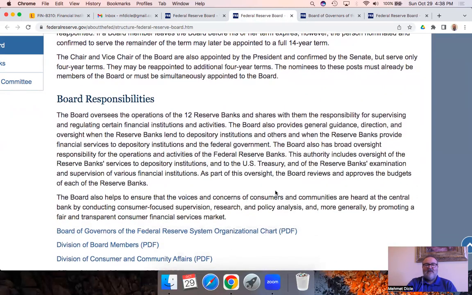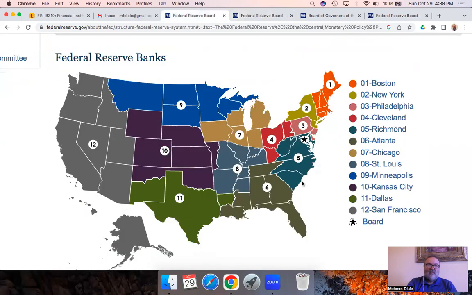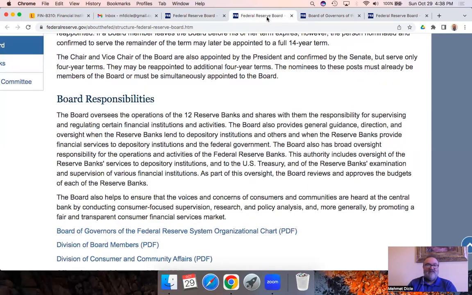So the board's responsibility is very similar to a board of directors. They regulate the individual 12 banks. So they regulate all of these individual Federal Reserve banks. And they are the great overseers, supervisors, and auditors, if you will, of the 12 bank reserve system.